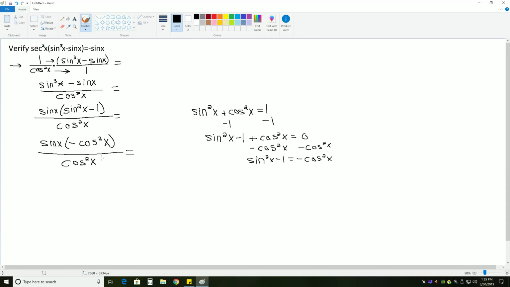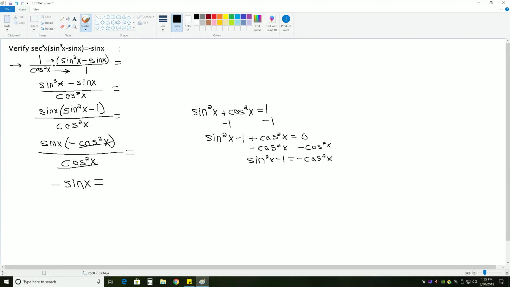And now at this point, we have a common cosine squared x on the top and bottom of our fraction, which means we can cancel it out since we are only multiplying and dividing in this fraction. So the cosine squared x's go away, leaving us with negative times sine x is negative sine x.